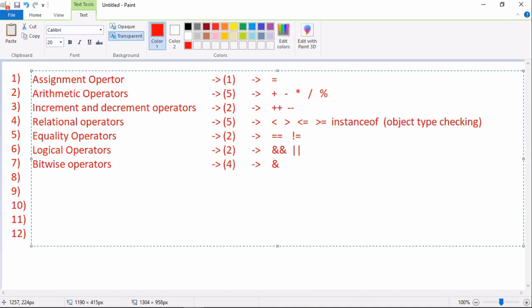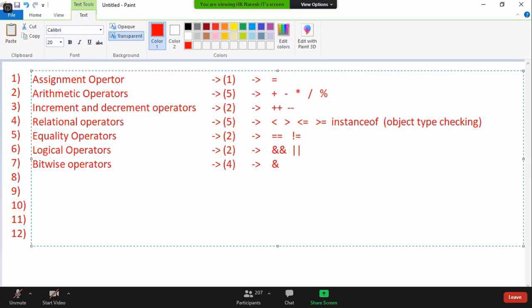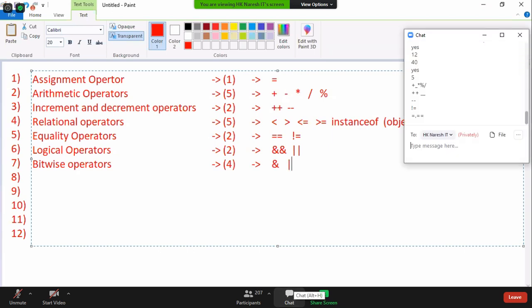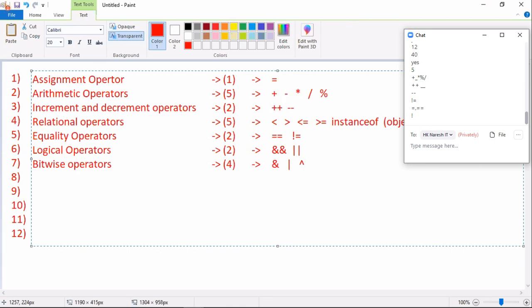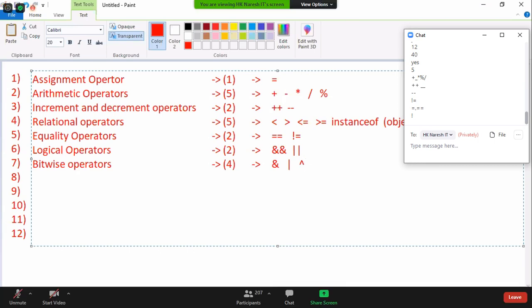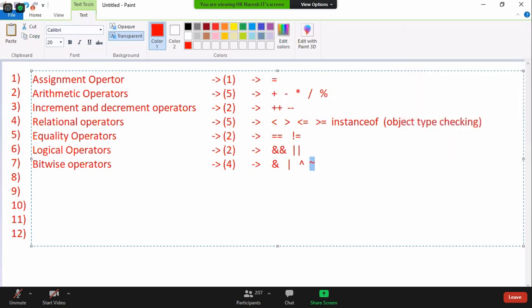This is called bitwise and, bitwise inclusive or, bitwise exclusive or with the cap, and bitwise complement operator, the negation.